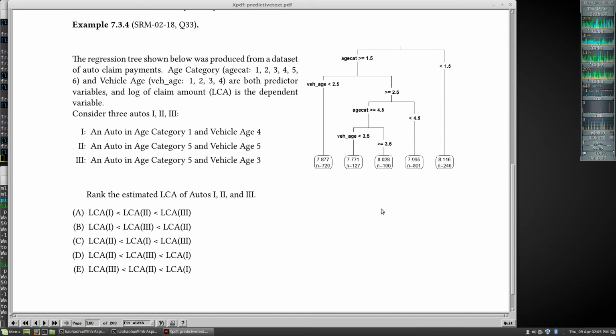We are asked questions like: consider three autos, with age in category 1 and vehicle age 4. So we are asked to do the ranking based on the decision tree.